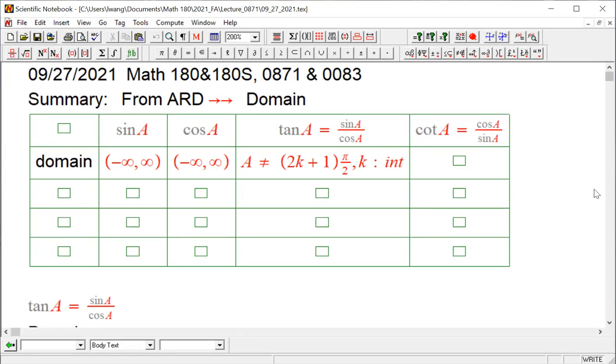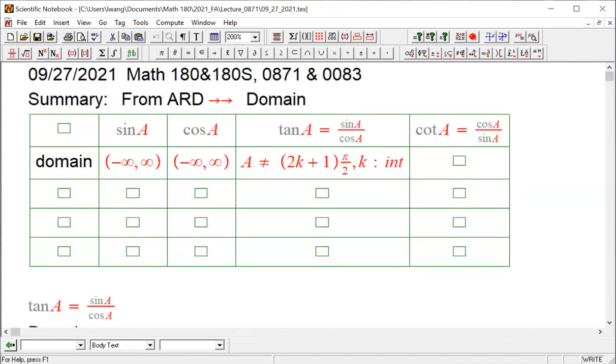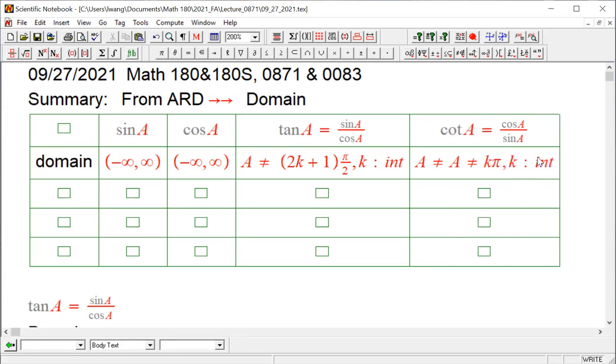So whatever makes sine A equal 0, that cannot be. So cotangent's domain is going to be like this. A cannot be any one of those, and K is an integer. Do you guys see that logical connection? After you make this table, I assure you, you don't have to memorize anything.